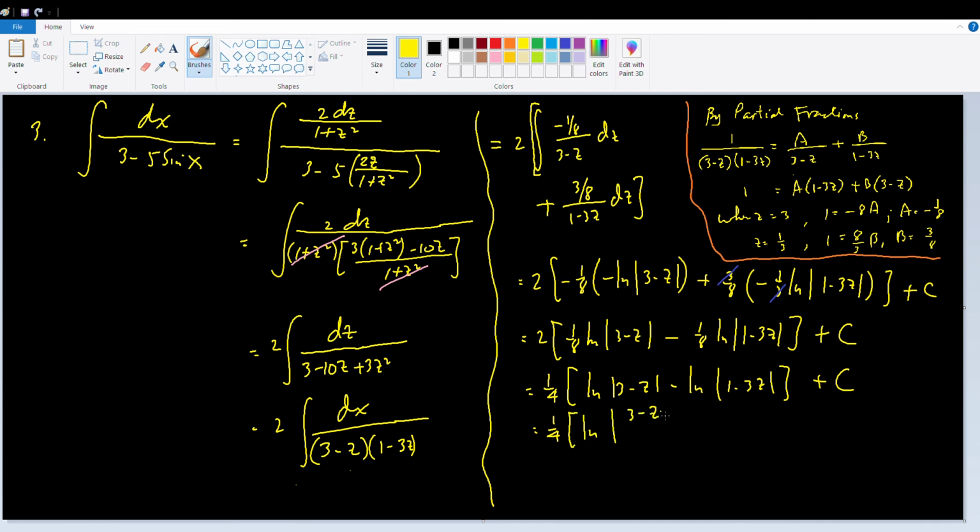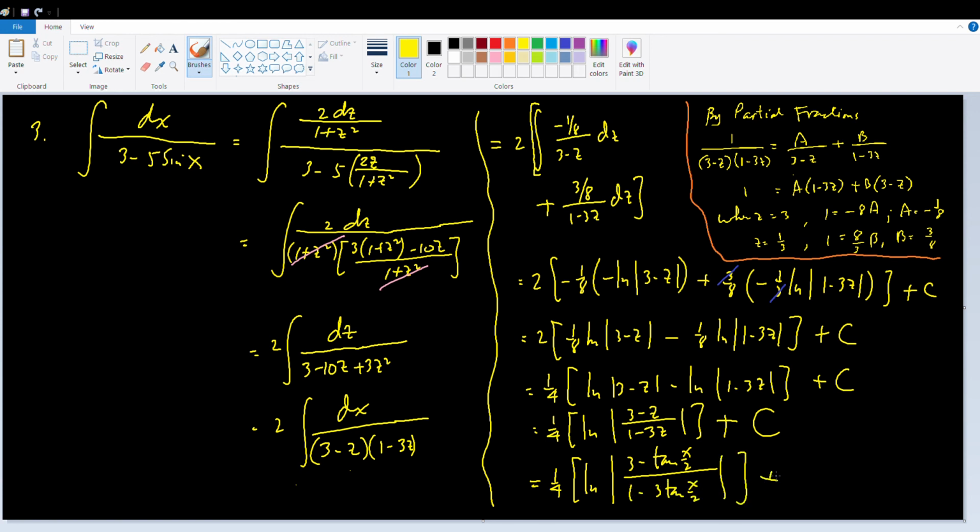So 3 minus c over 1 minus 3c plus c. So we write our final answer in terms of x: 1/4 ln of the absolute value of, with c replaced by tangent x over 2, 3 minus tangent x over 2 over 1 minus 3 tangent of x over 2, plus c.